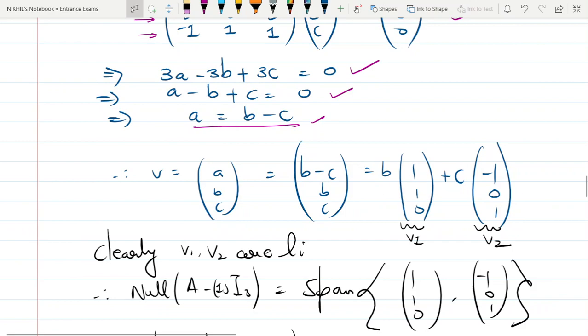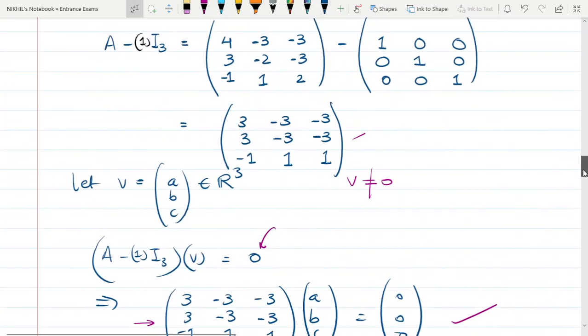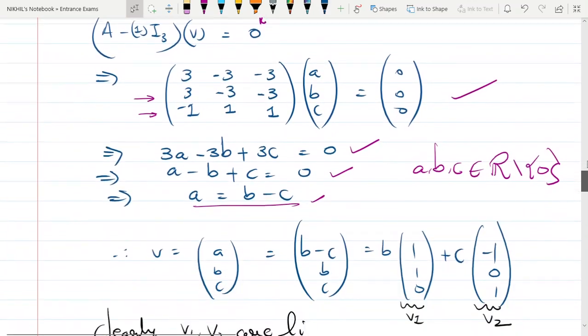If I separate this vector as a linear combination of these two vectors with scalars b and c, of course a, b, c come from R, and they cannot be zero simultaneously, because I have assumed that this is a non-zero vector in order for it to be an eigenvector.